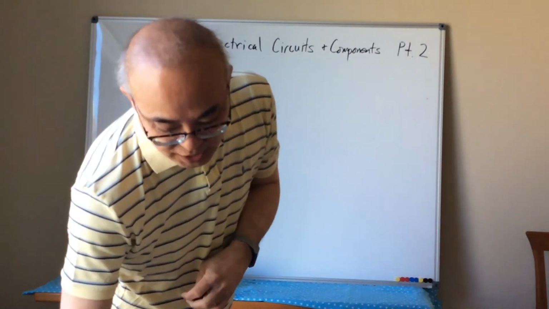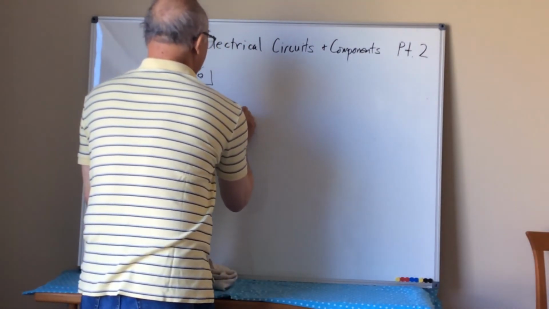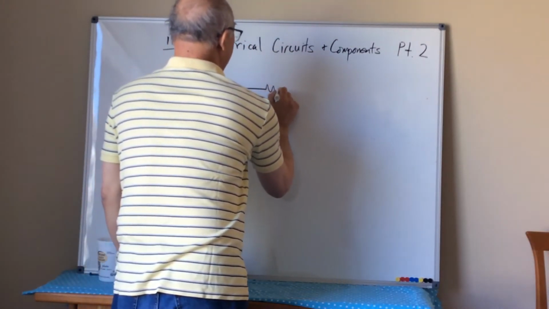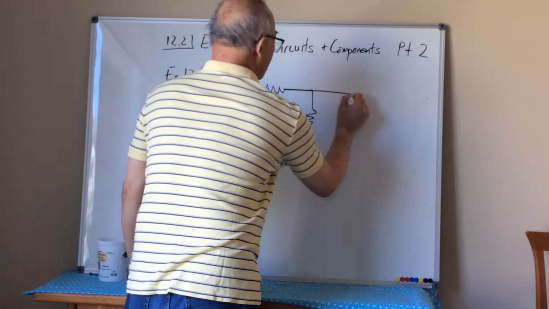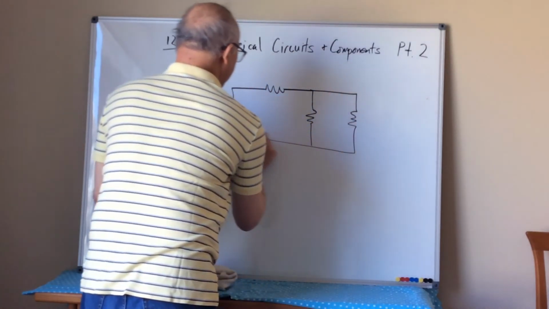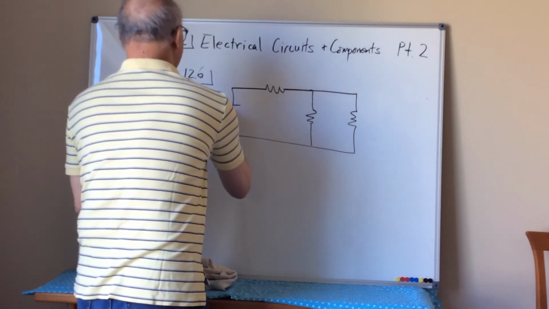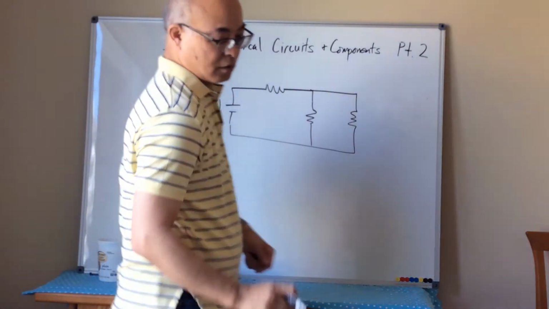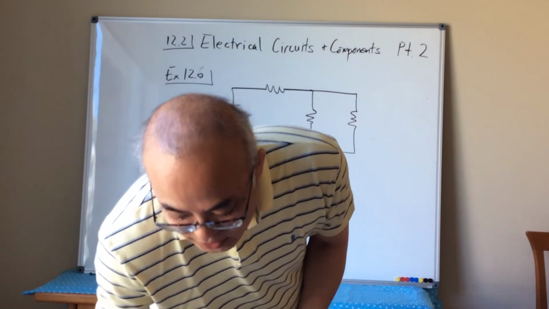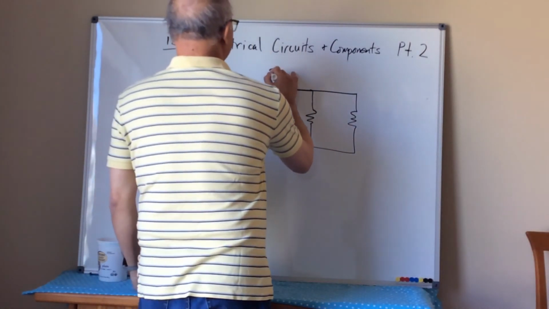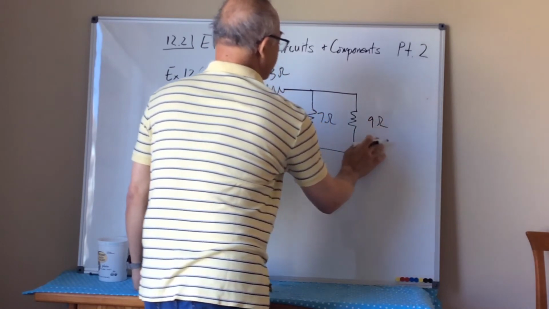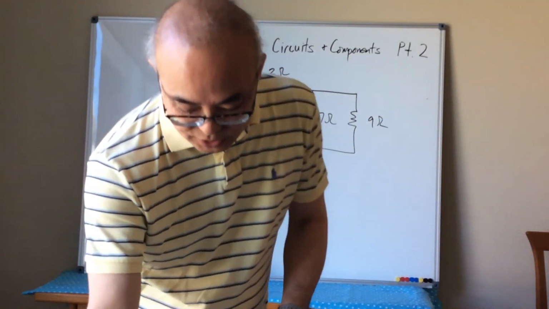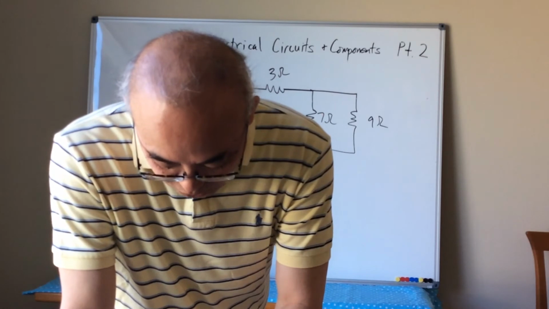On 12.6 you have again a 9-volt battery with a resistor here, and then I have 2 that are in parallel. So I have 9 volts here. R1 is 3 ohms, and then 7 ohms and 9 ohms. And what is the question? They want us to determine the total current drawn by the circuit.